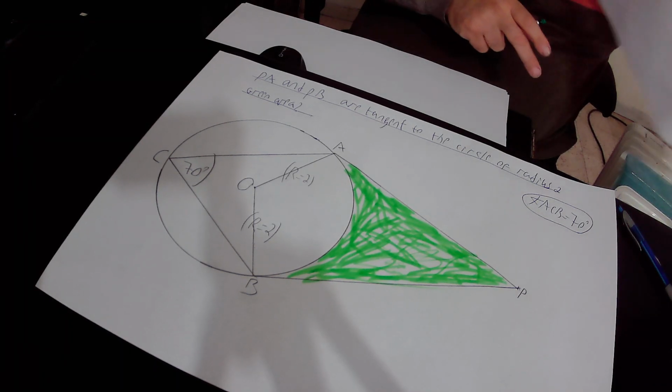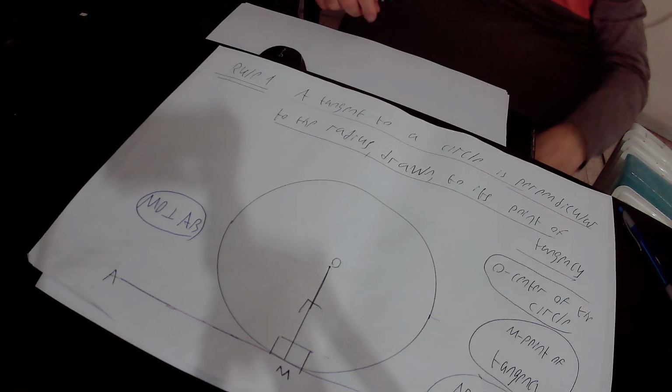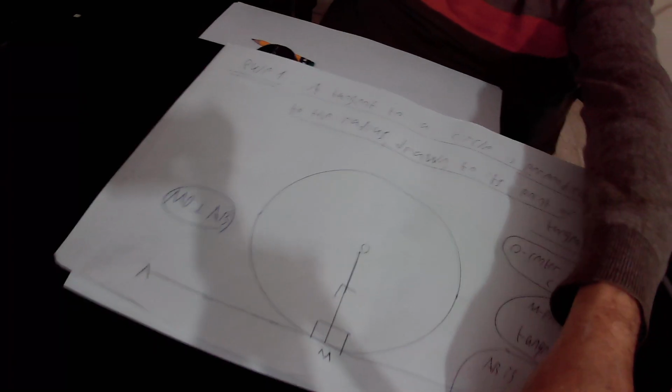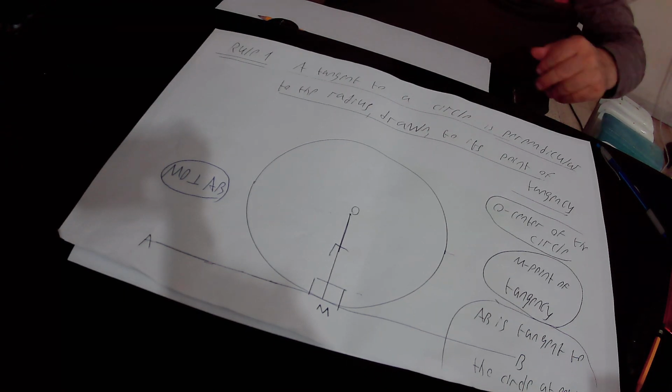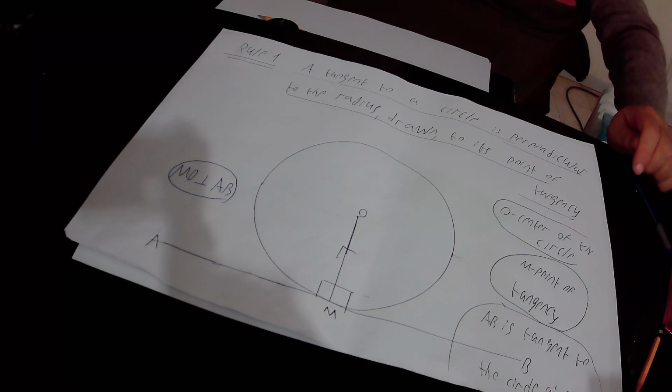According to rule 1, a tangent to a circle is perpendicular to the radius drawn to its point of tangency.